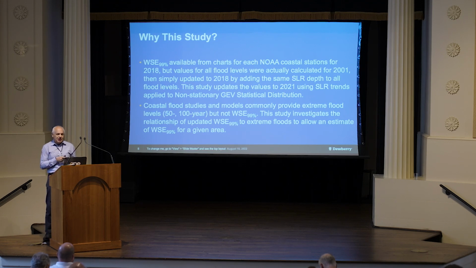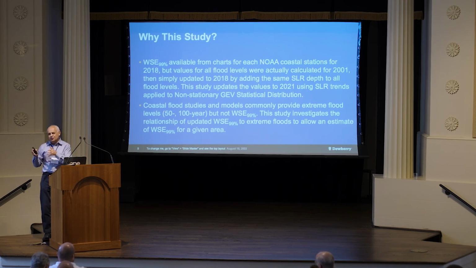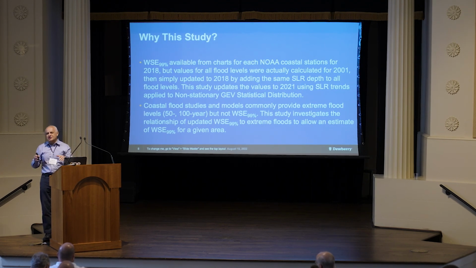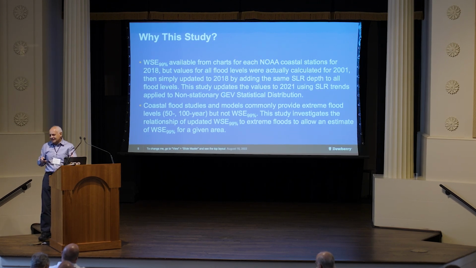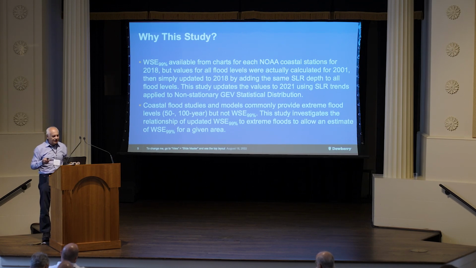They belong to 2018, but not really. They are actually 2001 values. NOAA calculated the values for 2001, not just the 1 year, but all of their coastal elevations. But then they added the sea level rise to all of the frequencies. The same amount of sea level rise was added to the 1 year that was added to the 100 year. And that's not a very proper way of doing it.